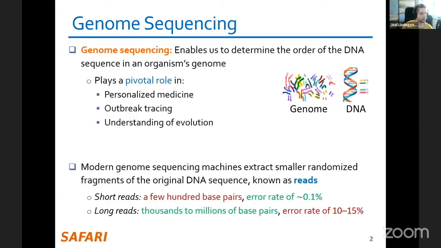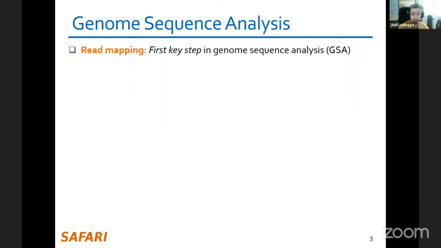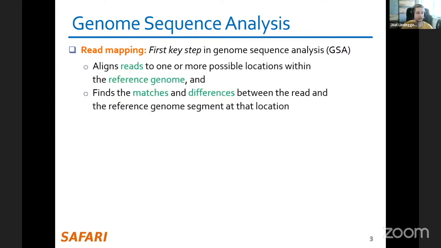Okay, there we go. So how we analyze these short reads is with read mapping, where we align the reads to possible locations in the reference genome. And the goal there is to find basically where a read matches in a known reference genome and, if it differs, how it differs from the reference genome.